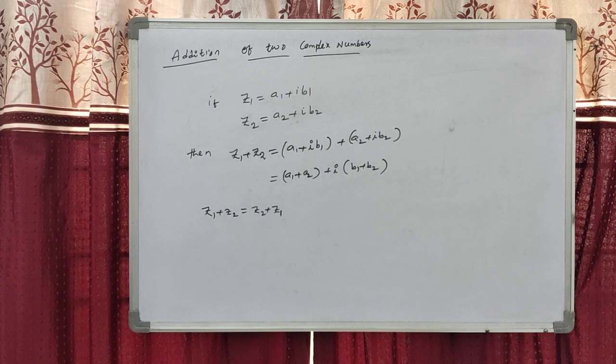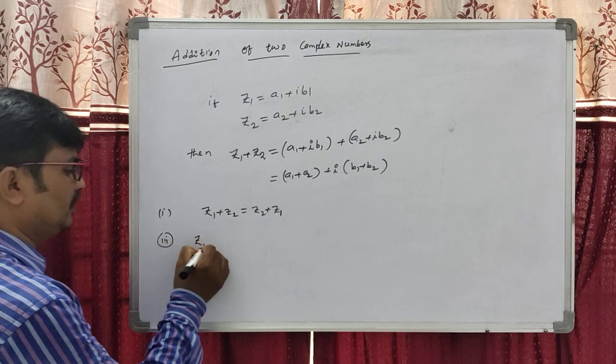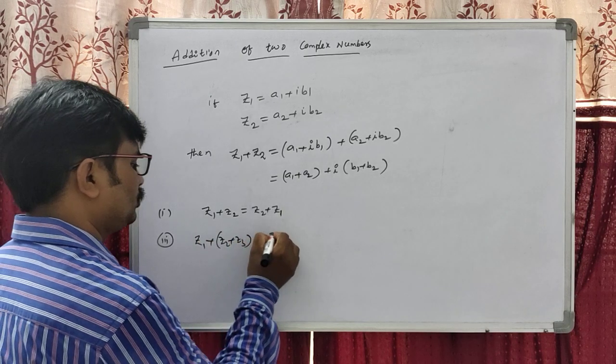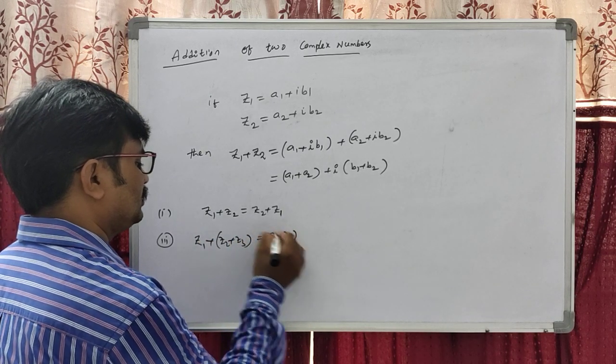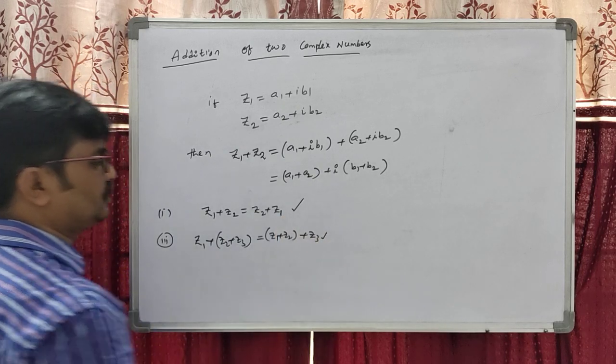Also the associative law is satisfied: Z1 plus Z2 plus Z3 equals Z1 plus Z2 plus Z3. This is the commutative law, this is the associative law.